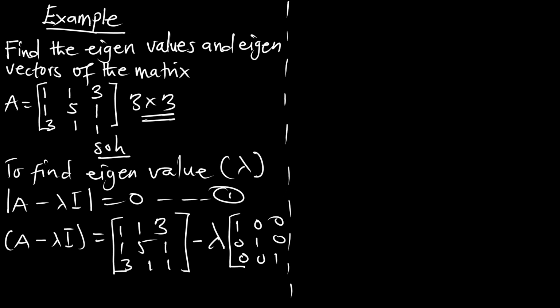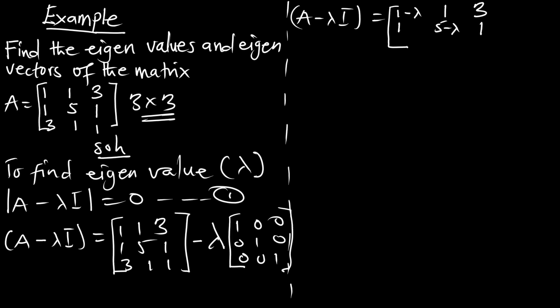So this is the expression, and with this we can get our final matrix, which is A minus lambda I. This is going to give us a matrix: 1 minus lambda, 1 and 3. Then 1, 5 minus lambda, 1. Here we are going to get 3, 1 and 1 minus lambda. So this is the matrix A minus lambda I.